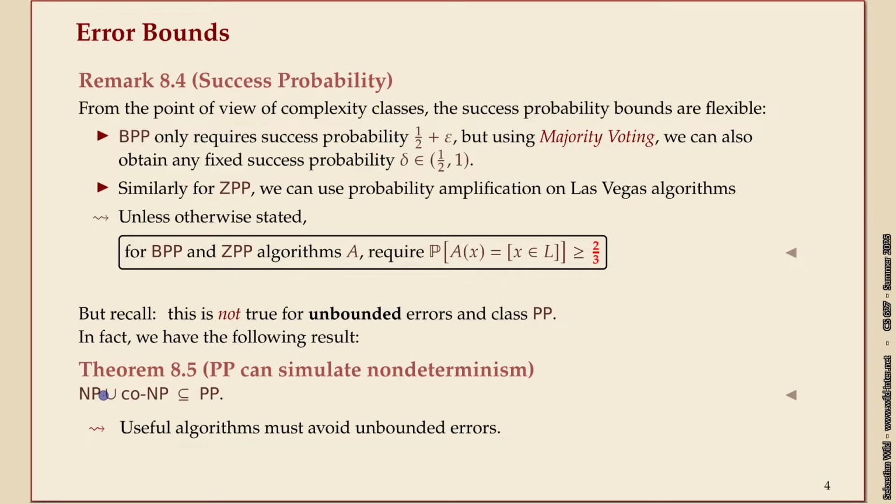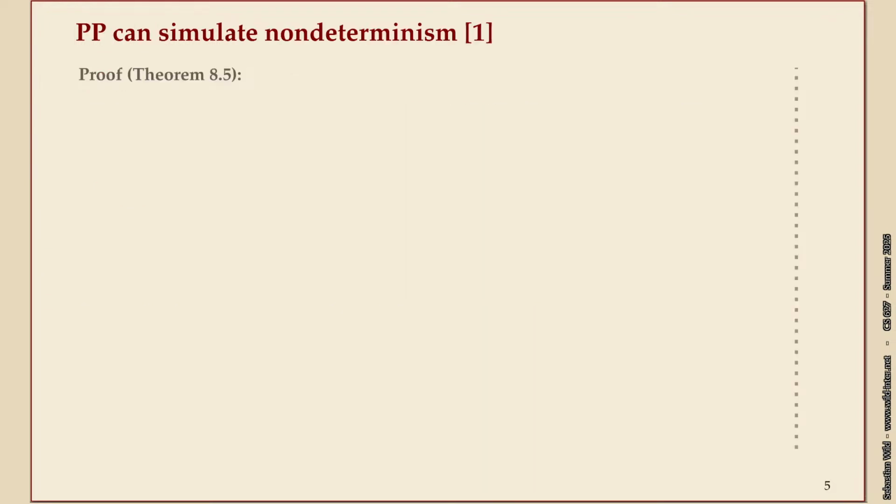That's far away from accepting with more than 1/2 of the computations. How's that gonna be possible? Seems hard to prove. The trick is that we can use what we know about NP to help us here.